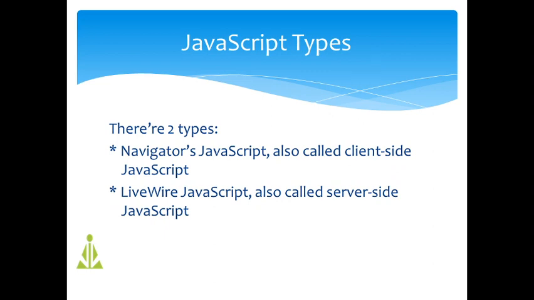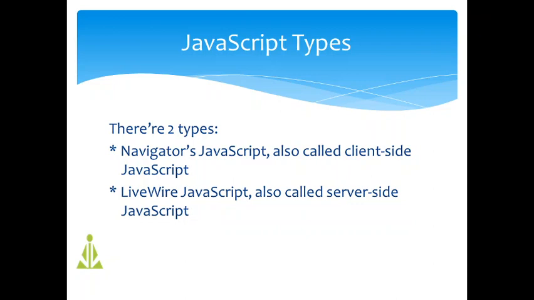What are the JavaScript types? There are two. The first one is Navigator JavaScript, also called client side JavaScript. What does client side mean? Client side is whatever we are doing from our end, we are the client.